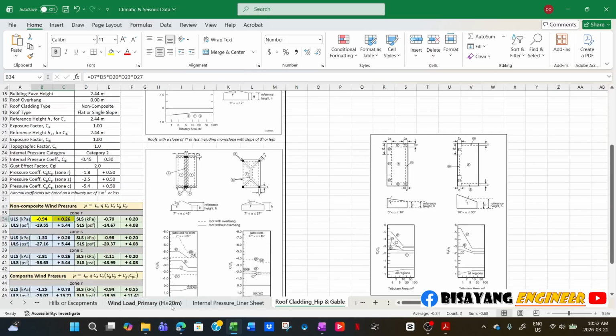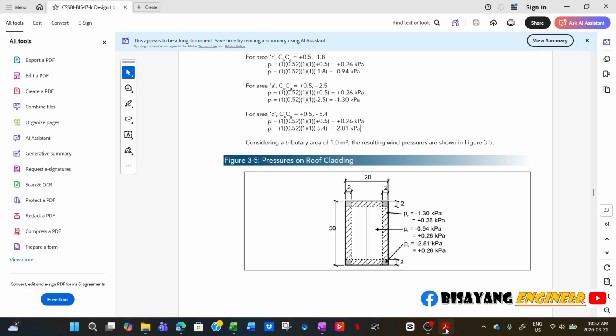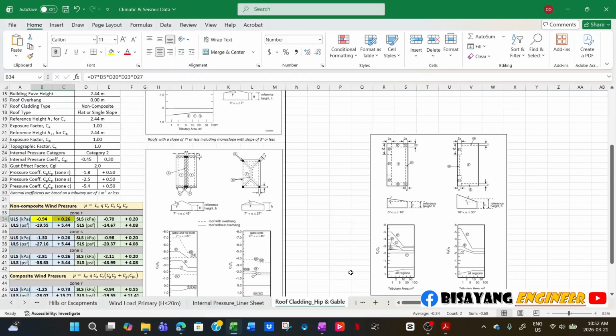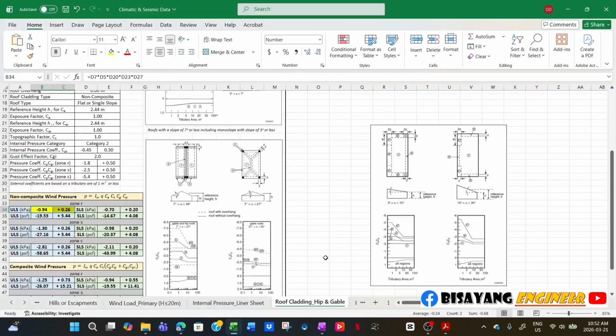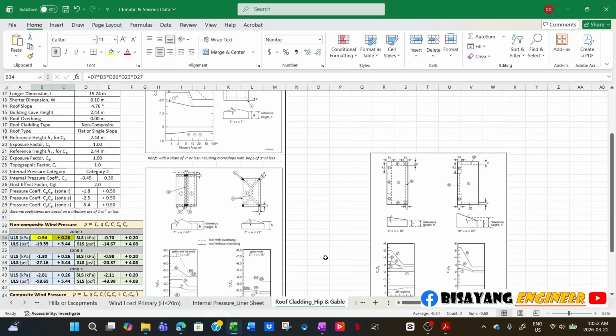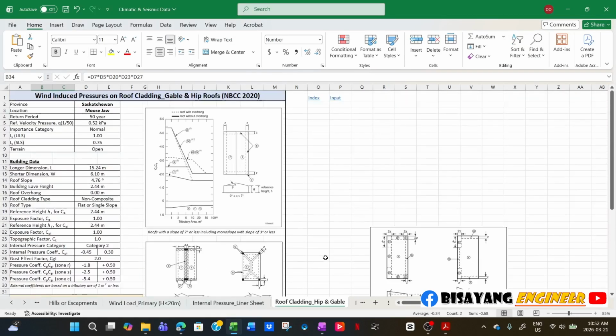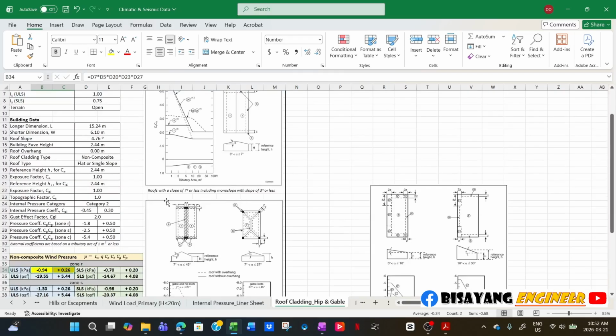Is this hip in this angle? Hmm, why is it different? The angle is point. Oh, this one here, for a roof with slope of 7 or less. Yeah, because our slope is 4.76.